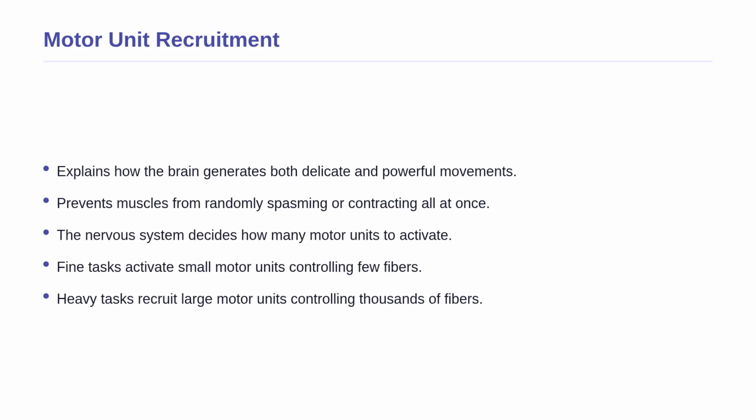If we did not have motor units, our muscles would just spasm randomly or contract all at once. Instead, the nervous system controls overall strength by deciding exactly how many motor units to activate. Fine tasks use small units, while heavy tasks recruit large units.